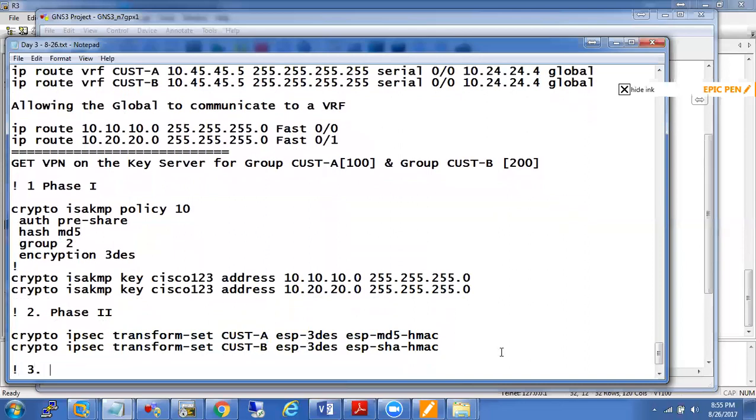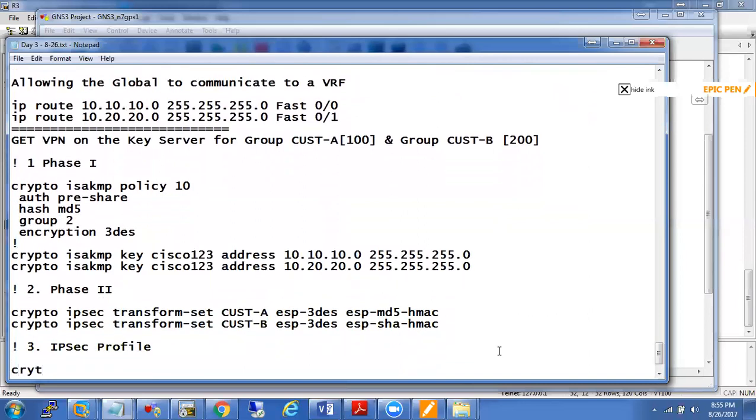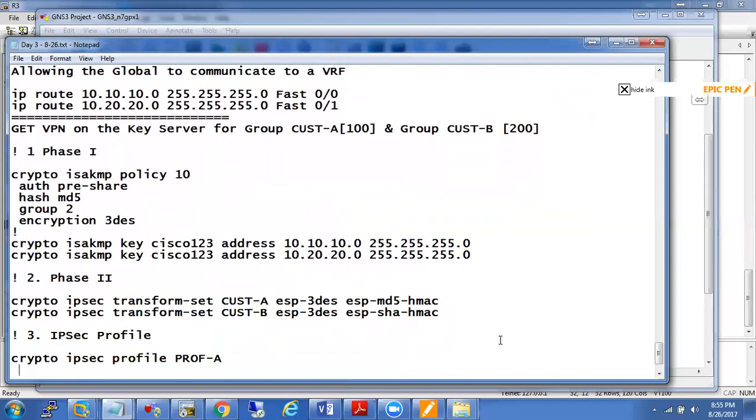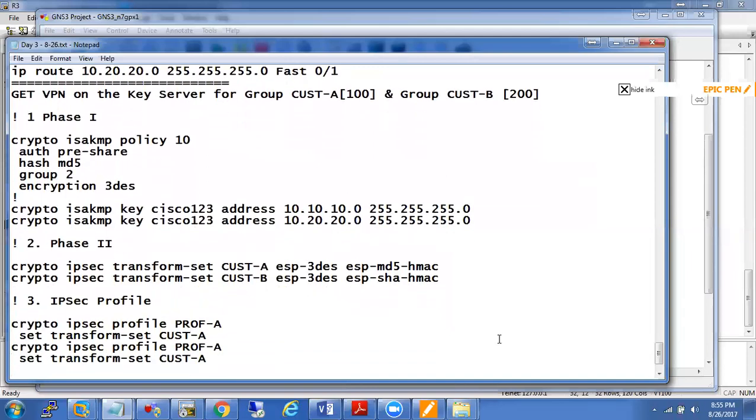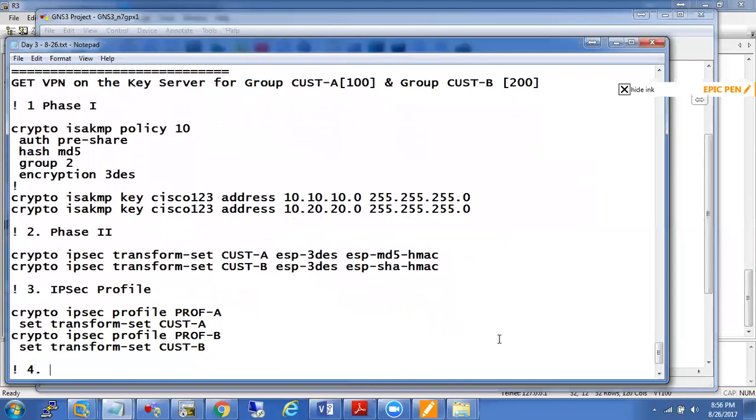Step 3, IPsec profile. Crypto IPsec profile prop A, set transform-set A, and the same for B. Good.